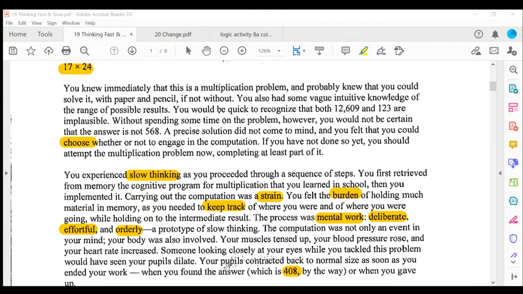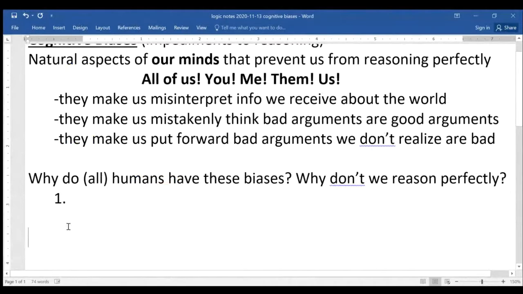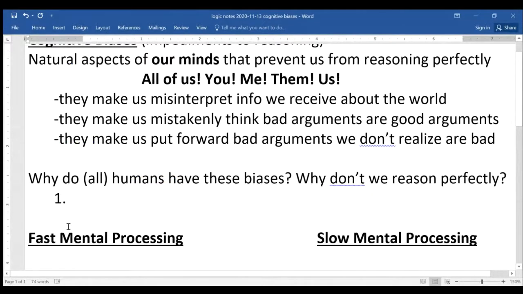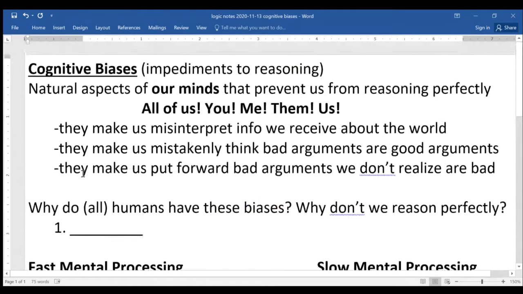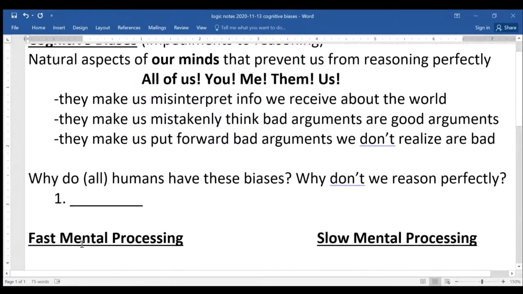Word document. And I got to discuss fast mental processing and slow mental processing. I promise, by the way, we are going to answer this. We'll come back to this. The question that started this was, why do we have these sorts of biases? Well, fast and slow mental processing, fast and slow thinking might have something to do with this.